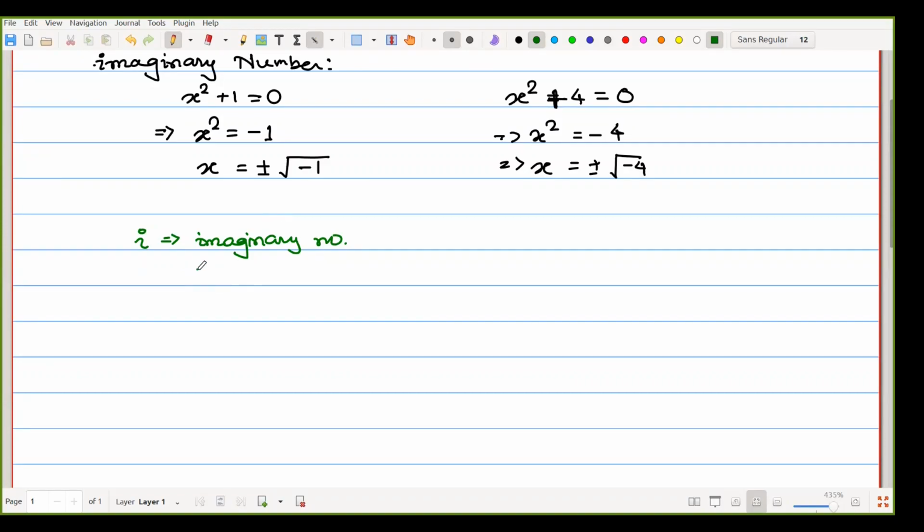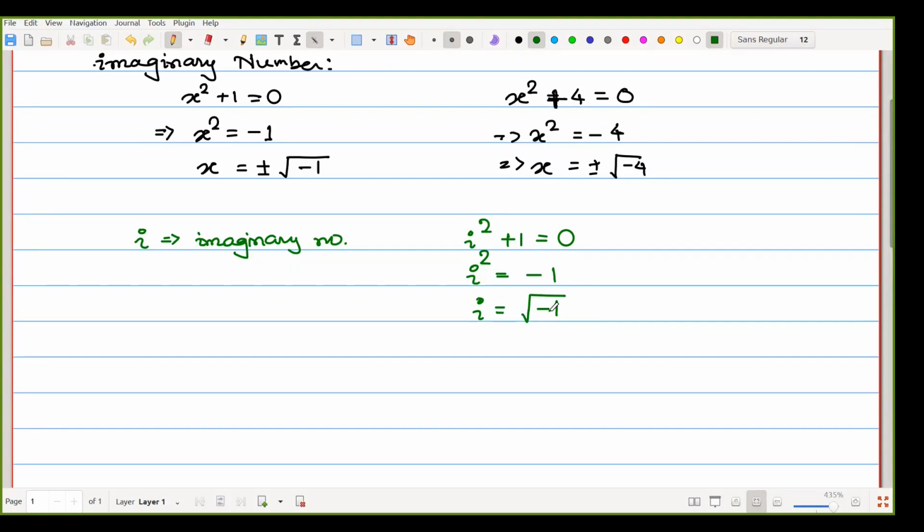Now, what is the property of that particular imaginary number? The property is that i square plus 1 is equal to 0. That means we can write from here i square is equal to minus 1, or i is equal to square root of minus 1.